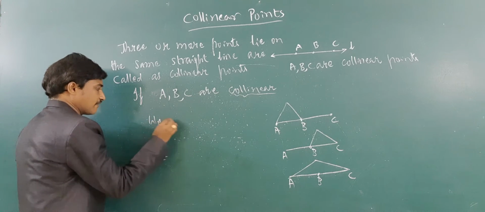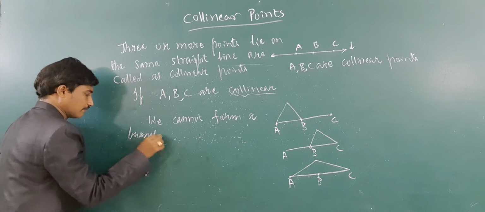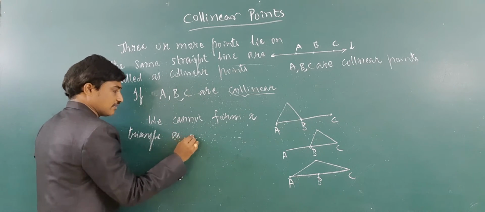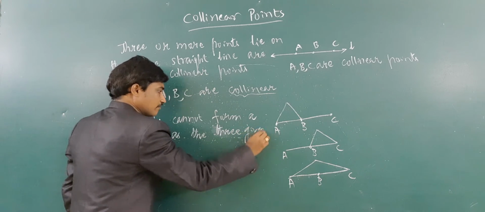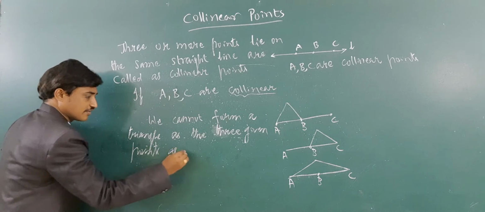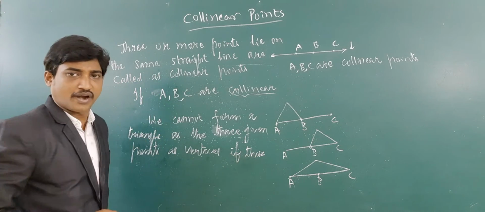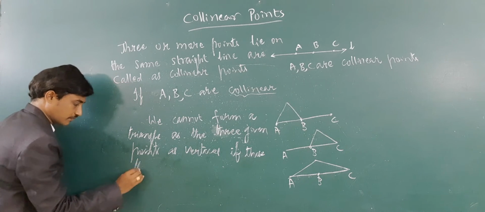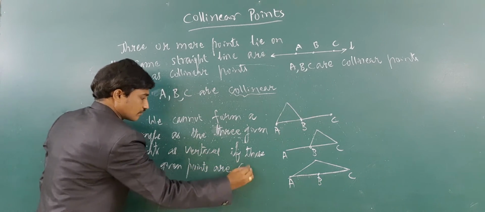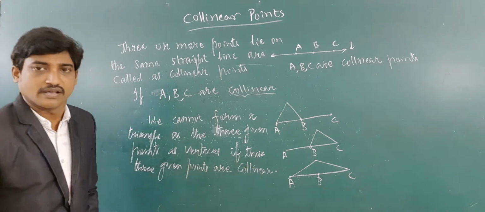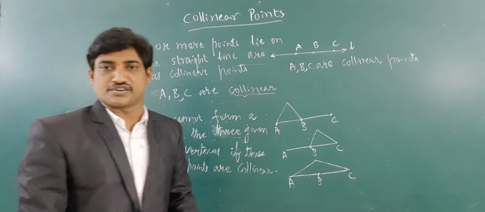We cannot form a triangle with the three given points as vertices if those 3 given points are collinear.